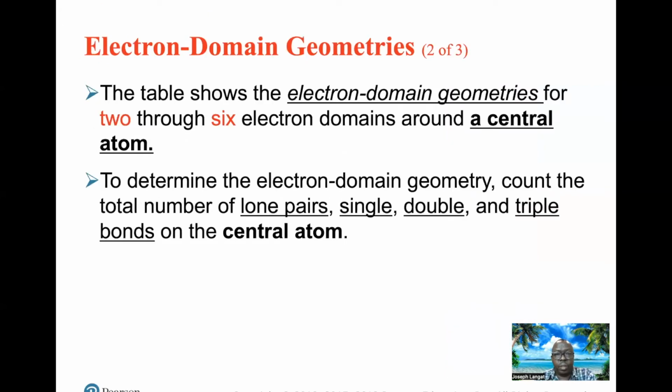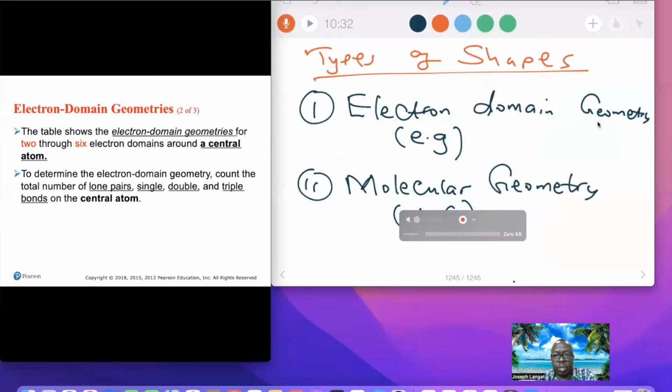I have earlier given you two types of geometries. There is electron domain geometry, which defines the shape, and then there is the molecular geometry. What's the difference between the two? We'll look at the table momentarily.